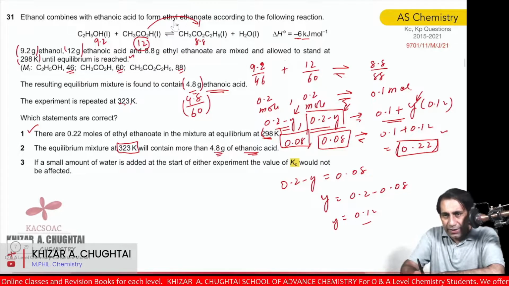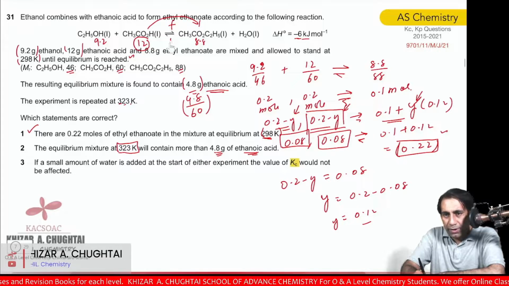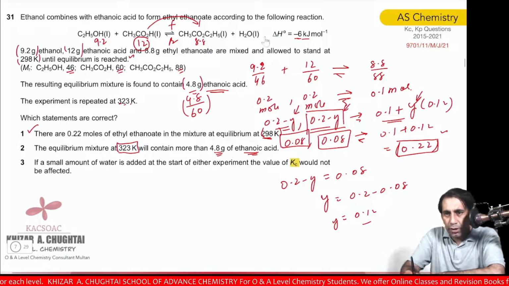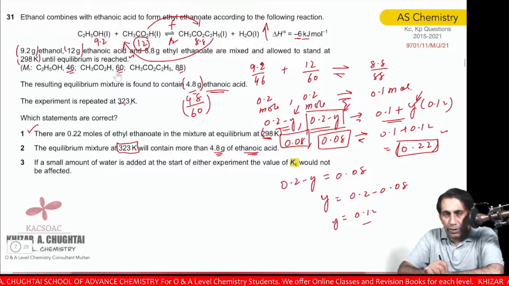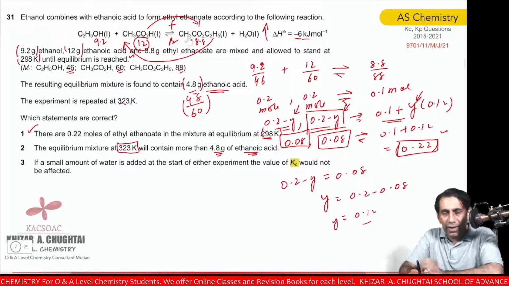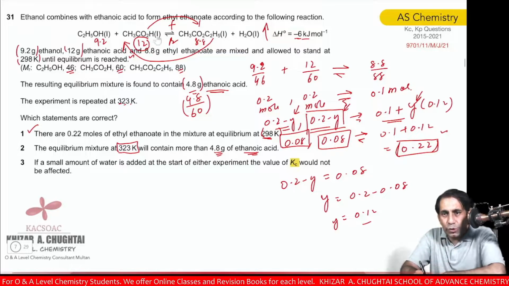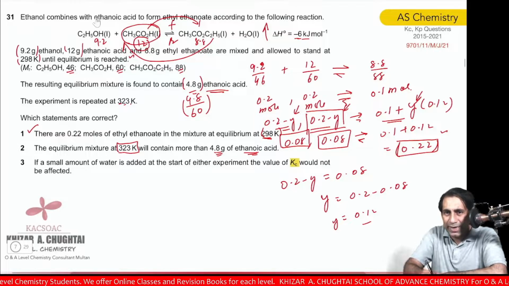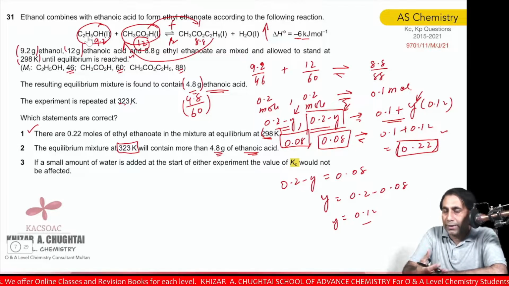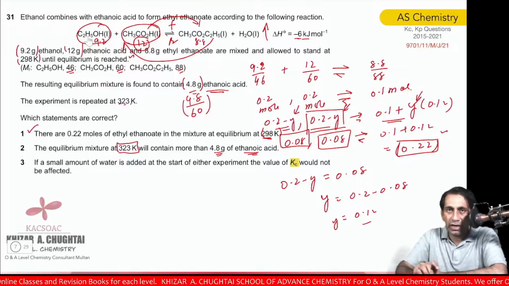The forward reaction is exothermic, the backward or reverse reaction is endothermic. By raising the temperature, equilibrium will shift towards the backward side, towards the left hand side. So yes, it is true that there will be more amount, as the reaction is going to the reverse, so it will increase the quantity of carboxylic acid, it will increase the quantity of the ethanol that is present at the stage of dynamic equilibrium.